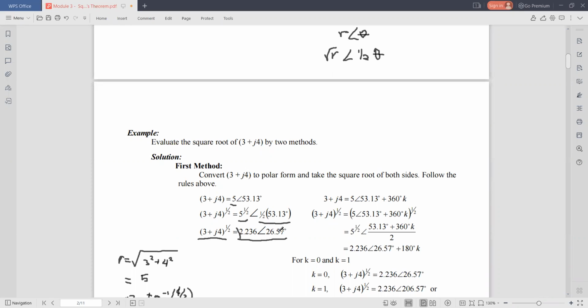Positive siya. Take note that later on we will encounter the nth root, not just the square root. So the principal value, or the k here, is the non-negative square root.